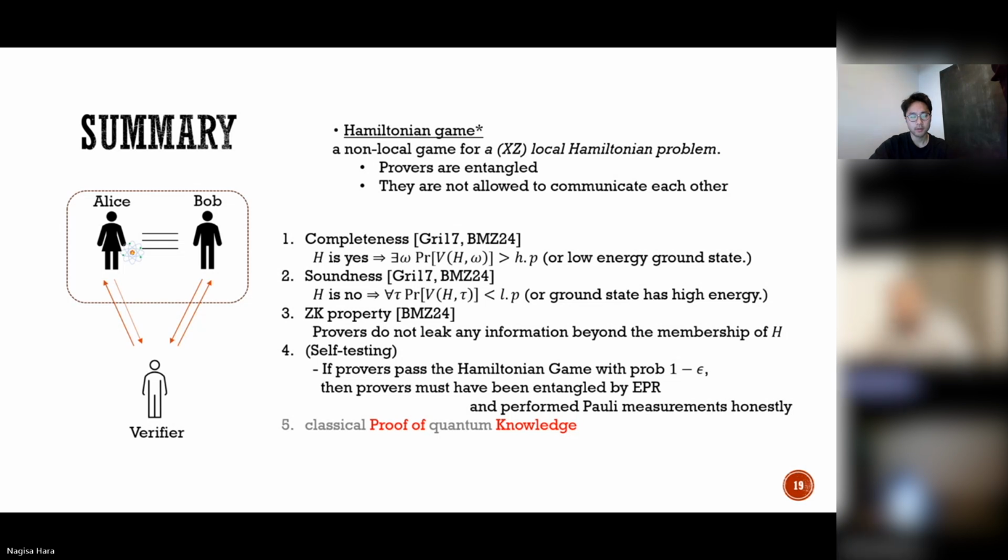Sorry, at least for me, I was just referring to the zero knowledge property. The zero knowledge property is true against efficient classical verifiers, right? And I was asking if one could extend it also to efficient quantum verifiers that are nonetheless communicating classically. Right, that's what I was asking.